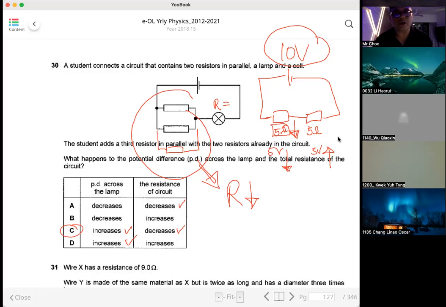Okay, do you all get this idea now? Do you get it? Or you're still confused? If you get it, give me a yes reaction. If you're still confused, give me a no reaction. After doing similar questions for a while, I hope you understand now. Yes, it may take some time to understand at first. But if you understand the potential divider, and you understand that a resistor in parallel will reduce the resistance, then you should be okay.